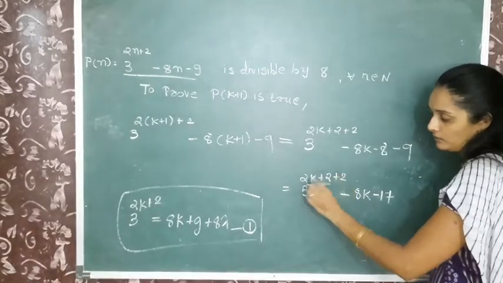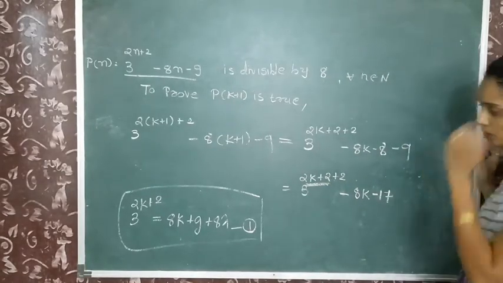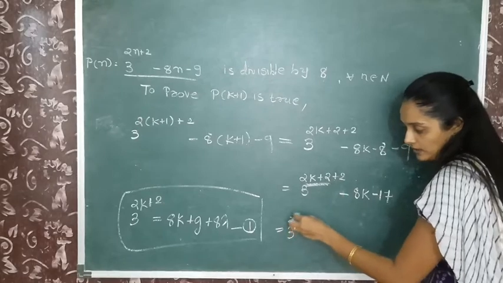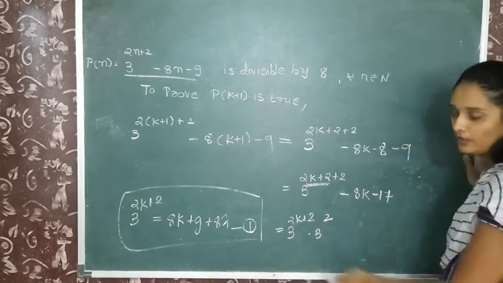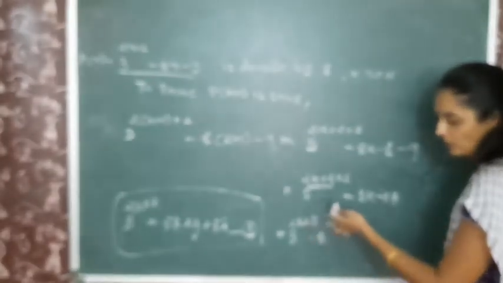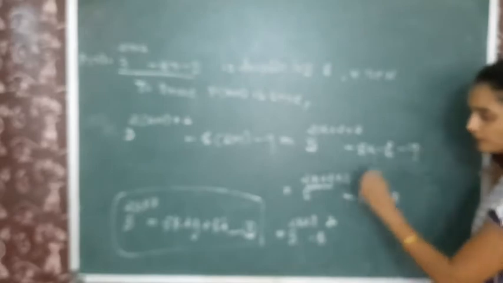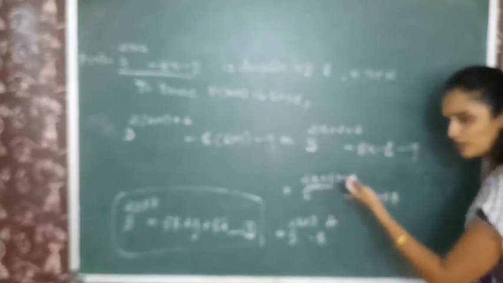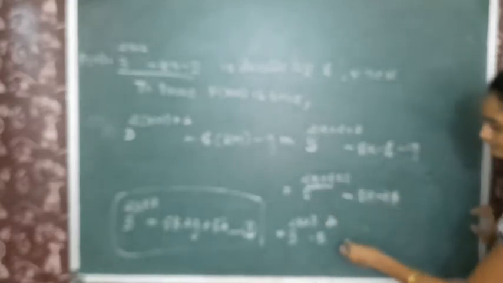Now this term is also written like, when bases are same, addition of powers. So 3 raised to 2k plus 2 plus 2, and therefore I can't write here 2k plus 4. If you write 2k plus 4, in the next step you have to expand like this.